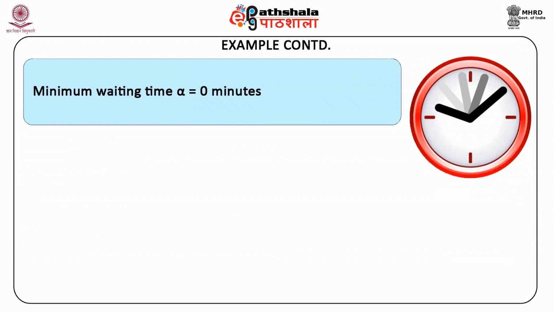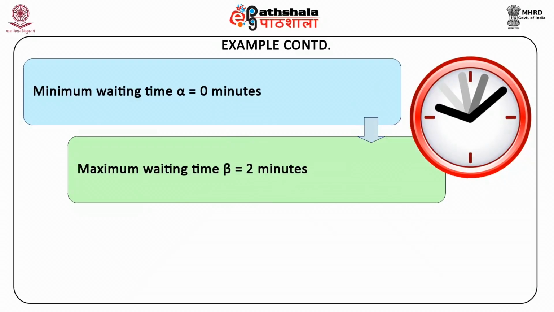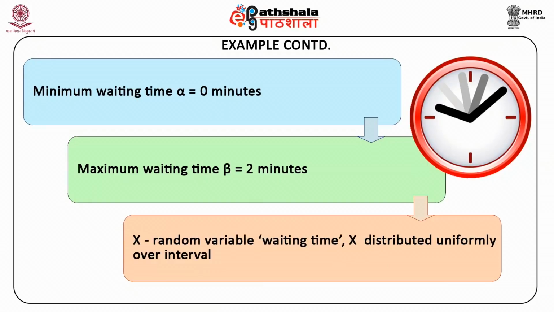Minimum waiting time alpha is equal to 0 minutes. Maximum waiting time beta is equal to 2 minutes. Let x be the random variable waiting time. Evidently, x may take any value within the interval (0, 2). Also, assuming randomness of arrival, we can expect x to be distributed uniformly over that interval.